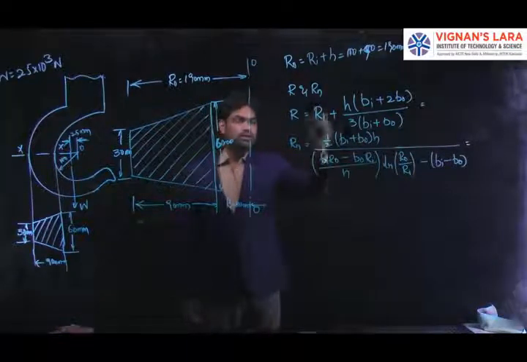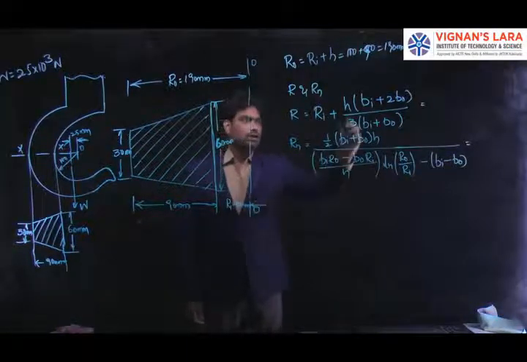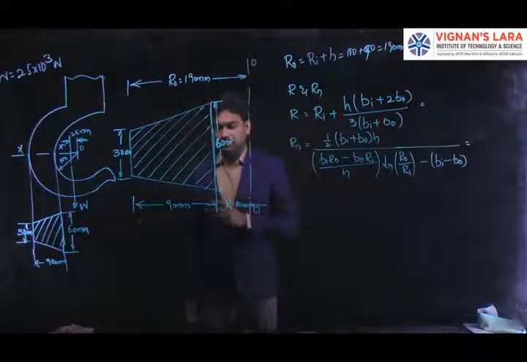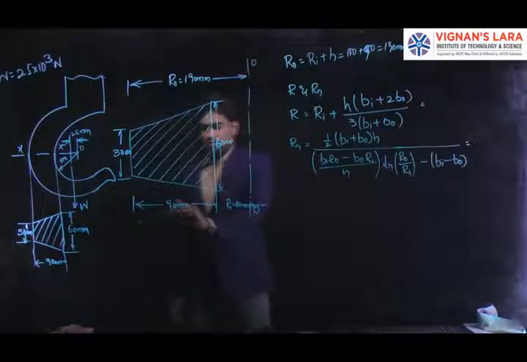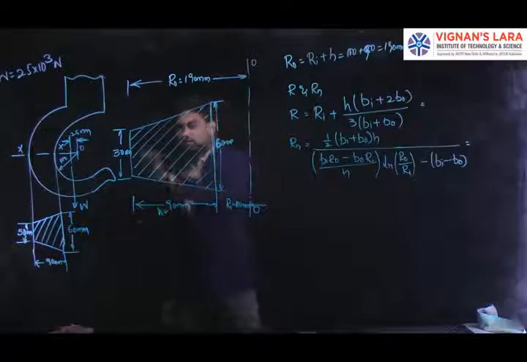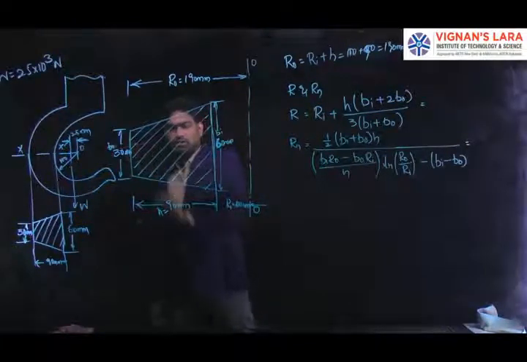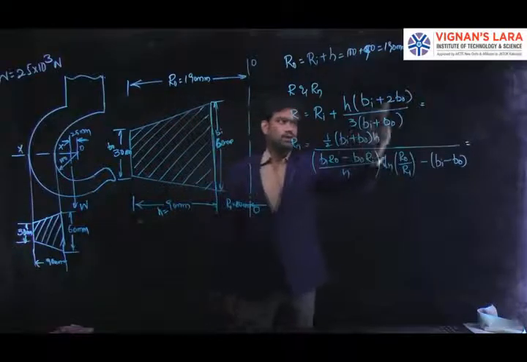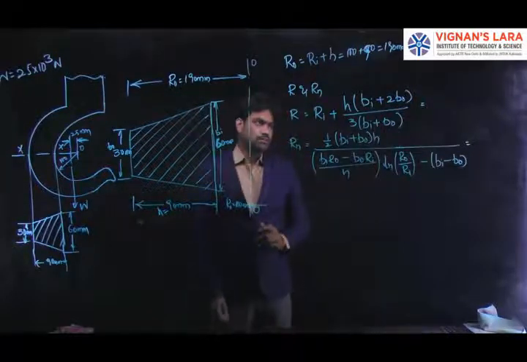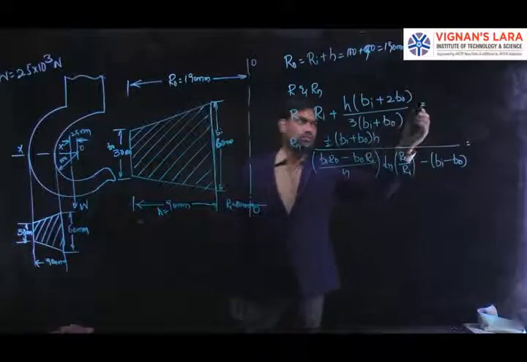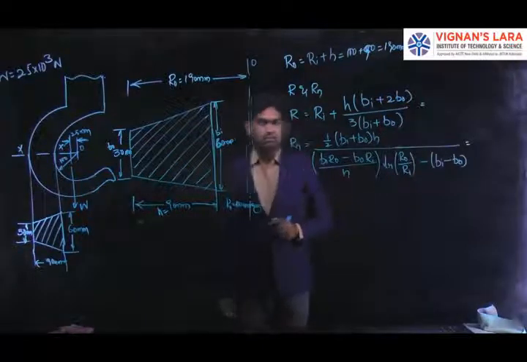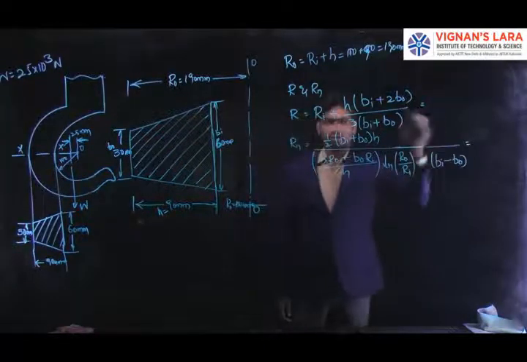Here Ri is the inner radius of curvature and H is the depth. It is denoted by Bi, the inner width, and B naught, the outer width. So by 3 into Bi plus B naught, all the values are known. If you substitute all the values, the centroidal axis distance is given.